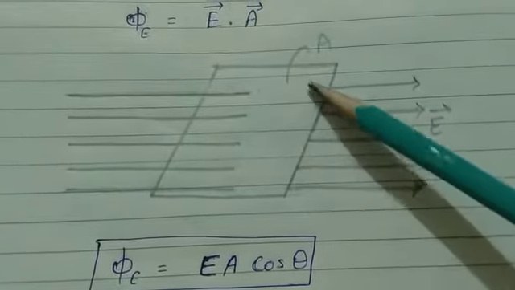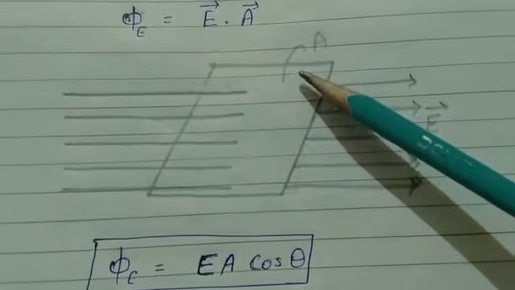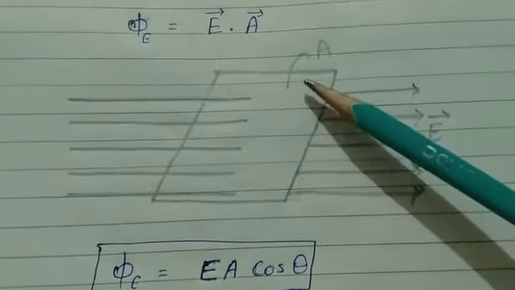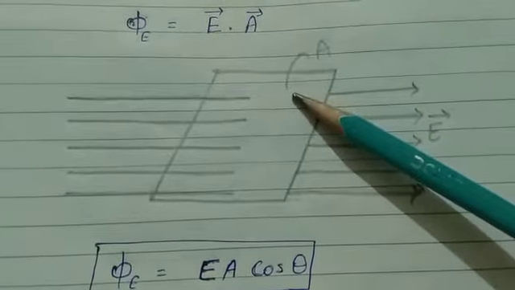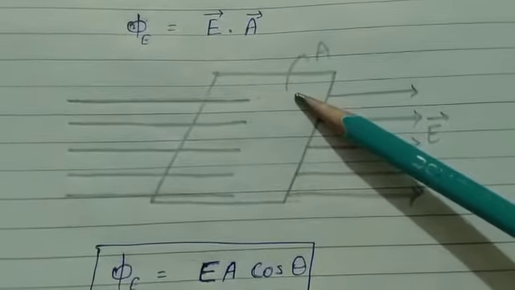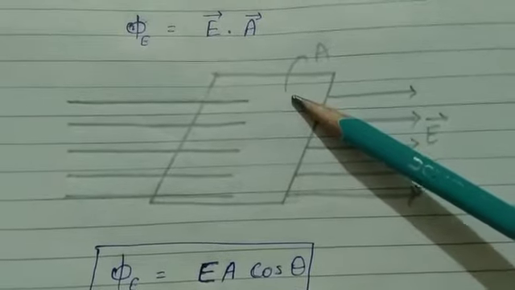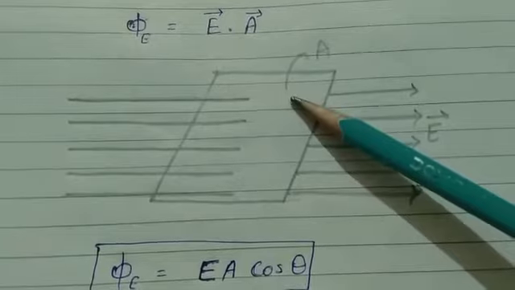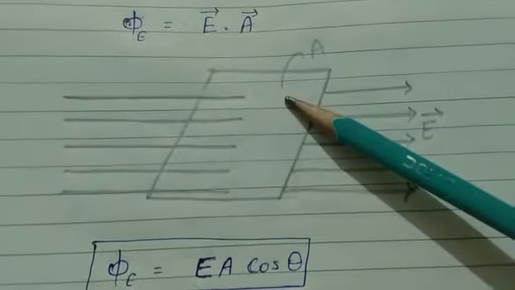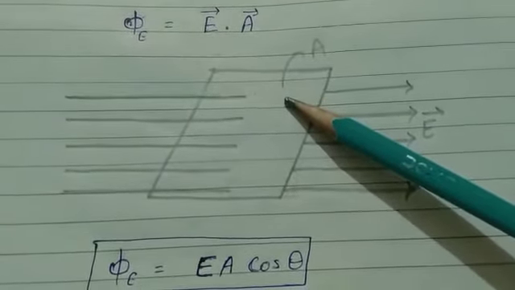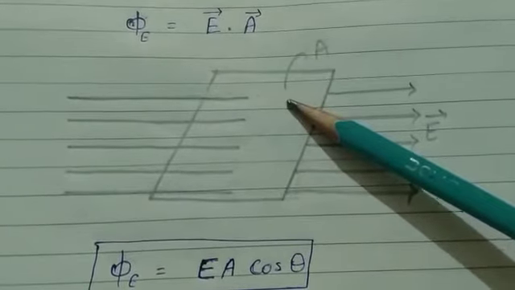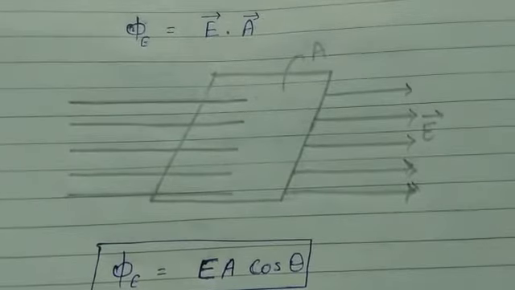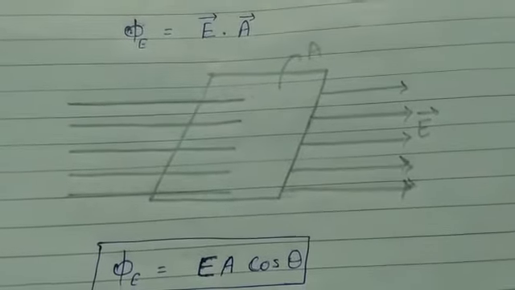The number of electric field lines passing through this area is called the electric flux. So electric flux is nothing but the number of electric field lines passing through an area, and the lines will pass through an area only when the area is perpendicular to them. If the area is in the same direction, the lines will not pass through it; they will pass side by side but not through it.